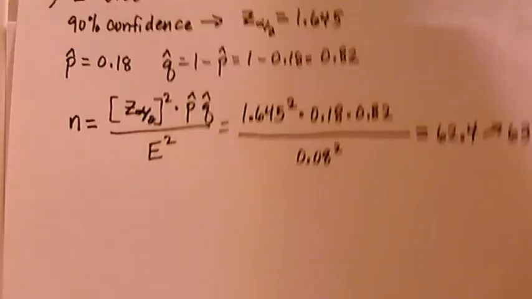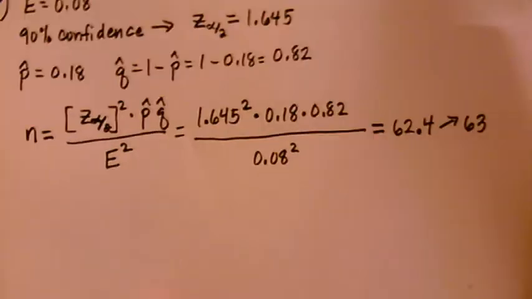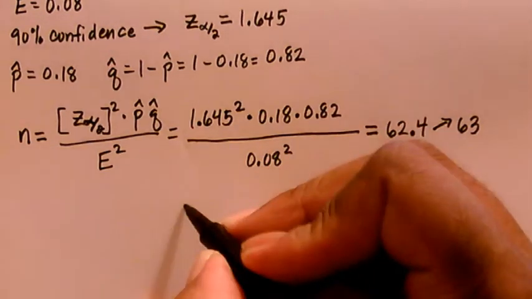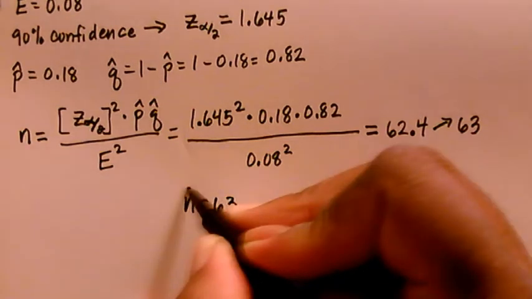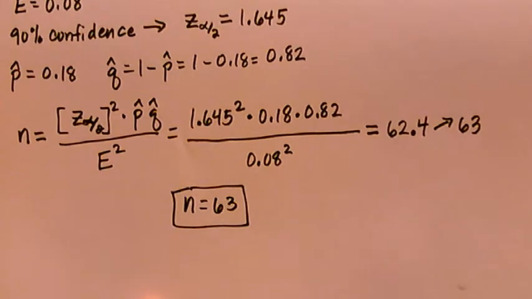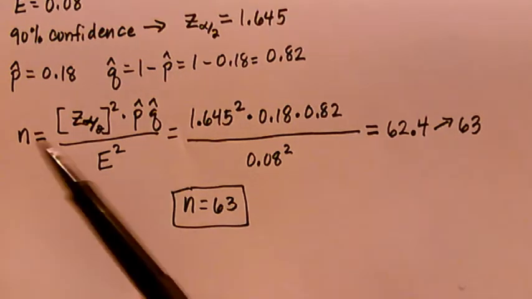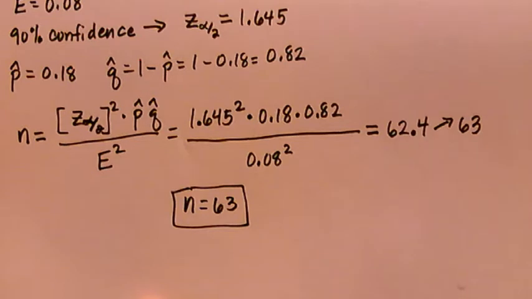Okay, so that means the required sample size, n, will be 63. Because that's what we were looking for, the required sample size. Okay, now again, when you're doing the required sample size, if your n is a decimal, then you round up to the next larger whole number.